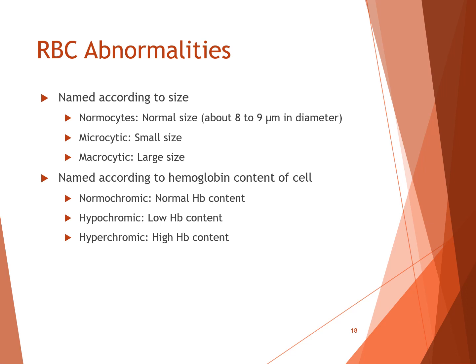And then if they have a low hemoglobin content, hypochromic, or high hemoglobin content, we'll refer to as hyperchromic. Now, in a situation where we have a patient that has chronic blood loss, we may see macrocytic hyperchromic red blood cells during these types of situations.